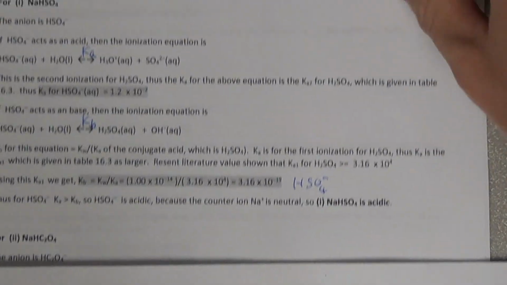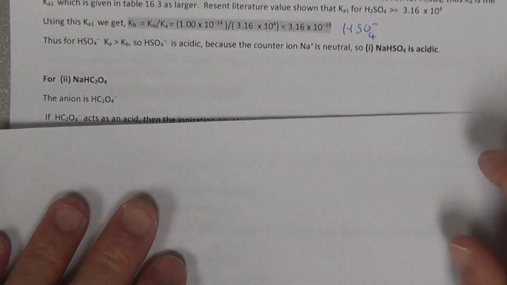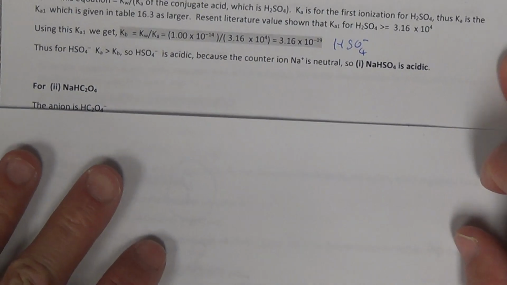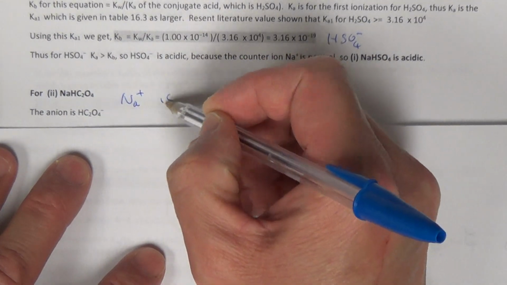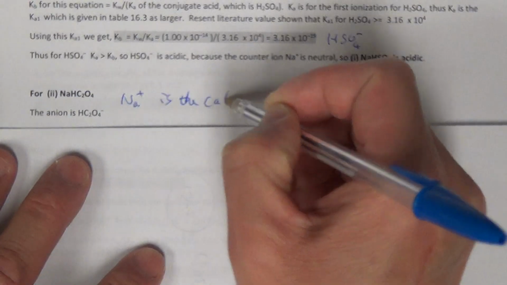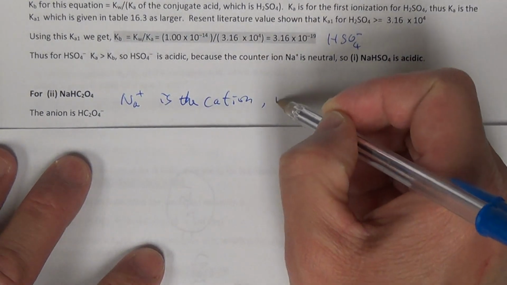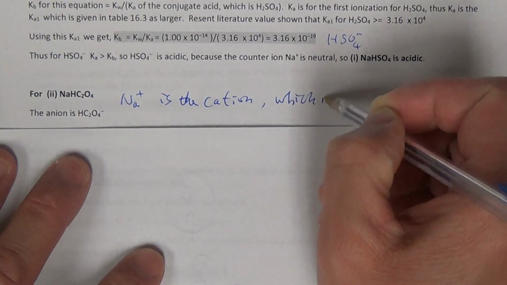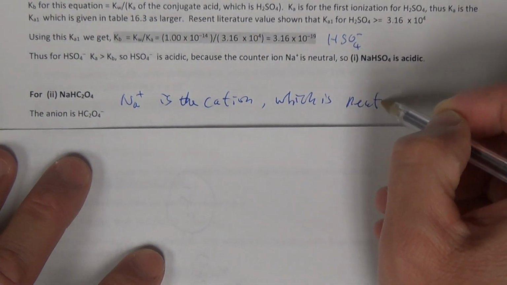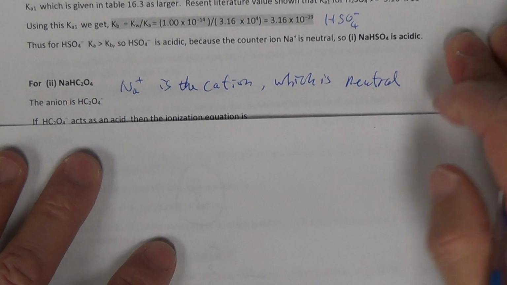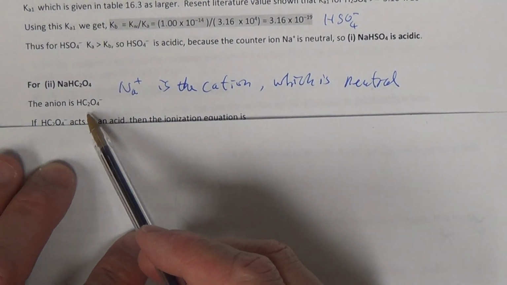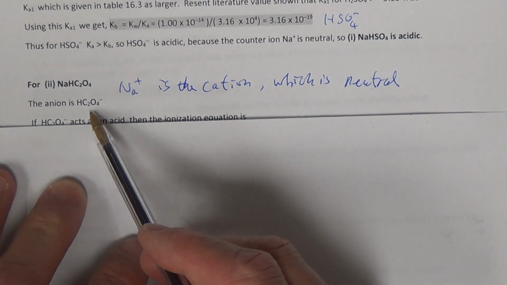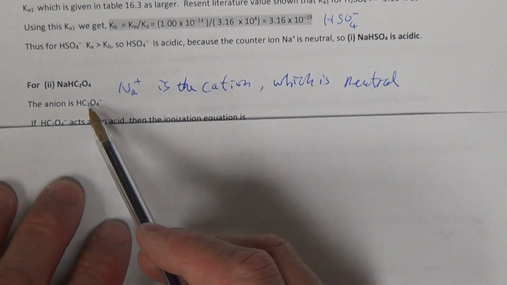Similarly, you do the process for the next one, which is NaHC2O4. Again Na plus is the cation, which is pH neutral. So your solution's acidity or basicity will depend on this negative ion, on its Ka or Kb.